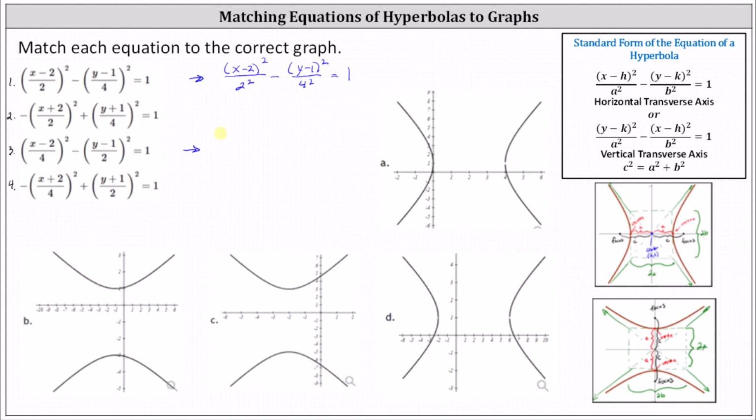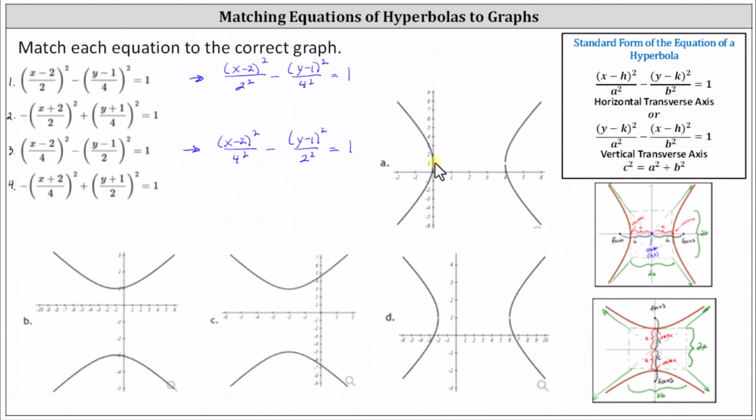And let's write the third equation as the square of x minus 2 divided by the square of 4 minus the square of y minus 1 divided by the square of 2 equals 1. Again, notice for both equations we have the square of the x part minus the square of the y part, and therefore we have a horizontal transverse axis, which indicates these two equations must match with graphs A and D.